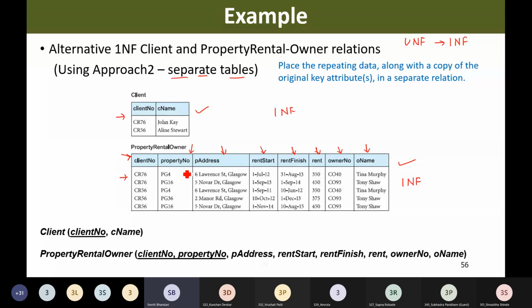But along with those attributes, we add the original key attribute, here client number, right? And we have come up with this table. Also, we have the other table with the key attribute client number and the remaining attribute, that is CNAME, client name. So now we have these two separate tables. Both of these tables are in 1NF.